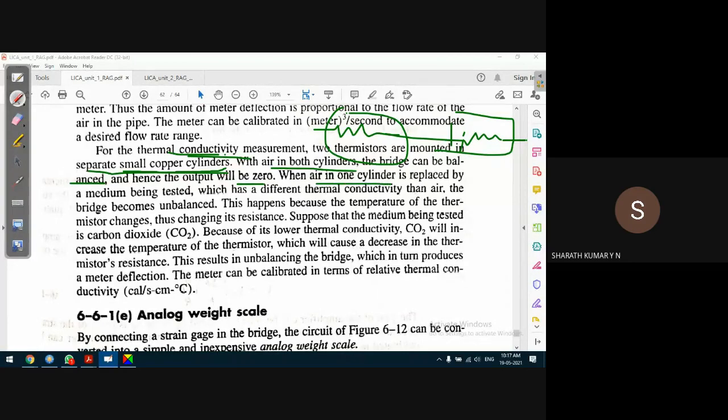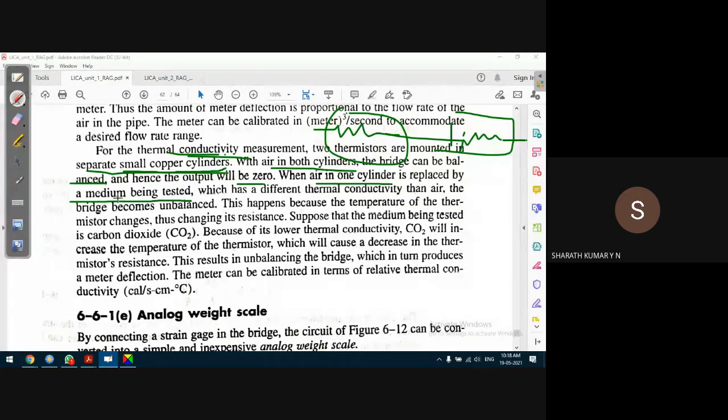When air in one cylinder is replaced by a medium being tested, let us say we are testing some insulator or resistance temperature sensitivity of any element for that matter.